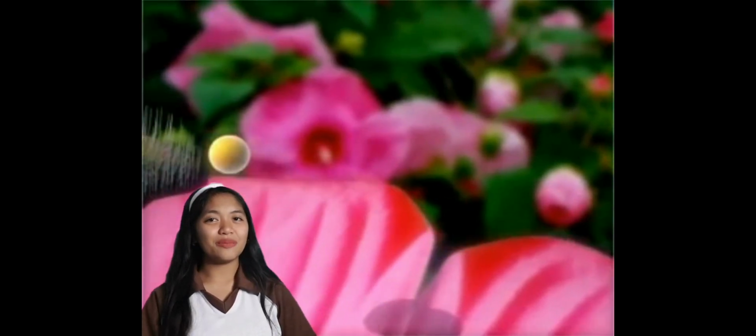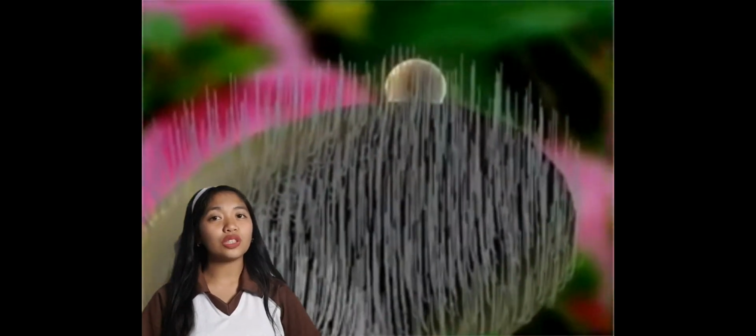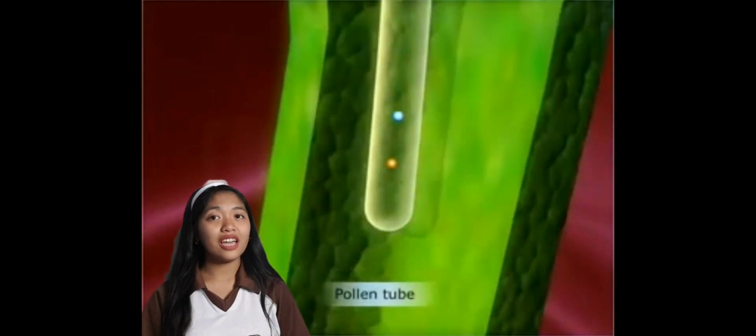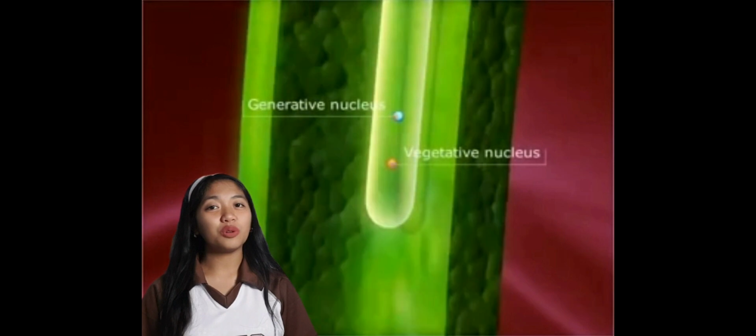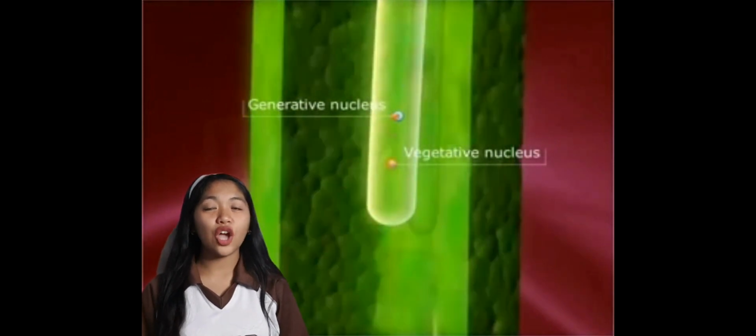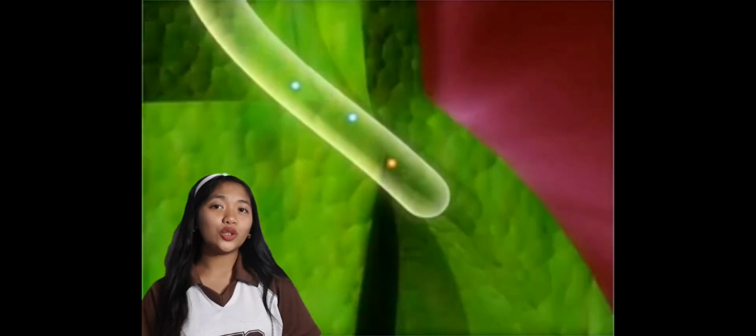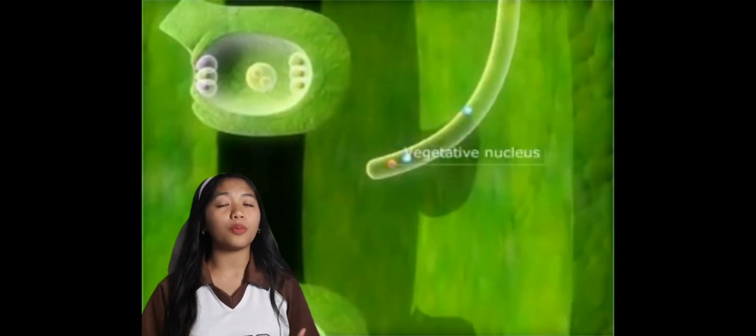On reaching the stigma, the pollen grain containing two nuclei germinates to produce the pollen tube. The pollen tube grows down into the style, deriving nutrition from it. The generative nucleus and vegetative nucleus of the pollen grain move to the lower end of the pollen tube. Here, the generative nucleus divides mitotically into two male gametes or sperms. The vegetative or tube nucleus of the pollen grain is responsible for the growth of the pollen tube.